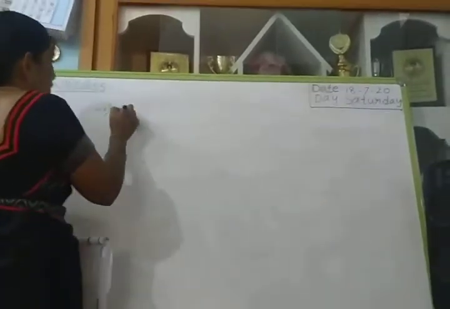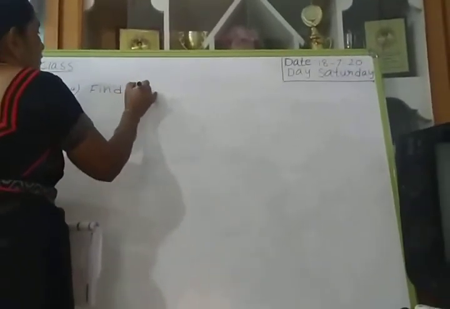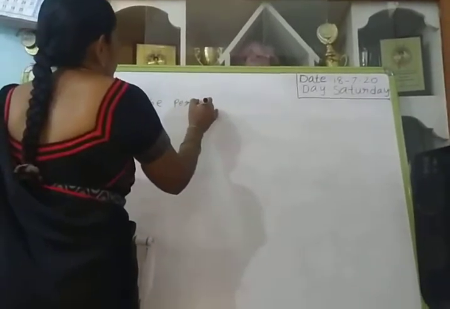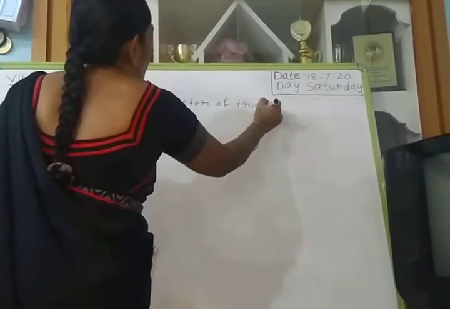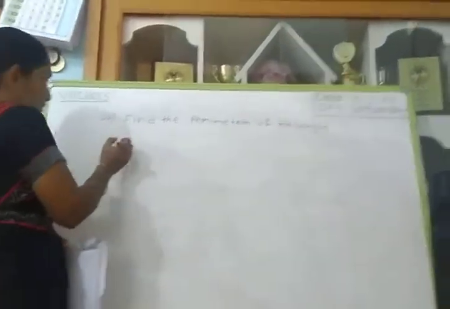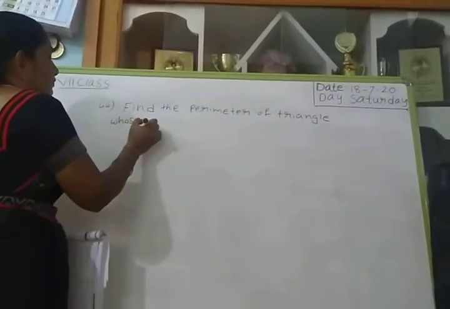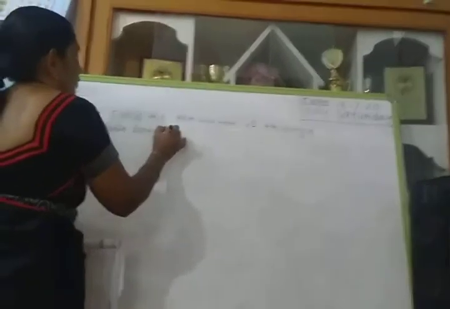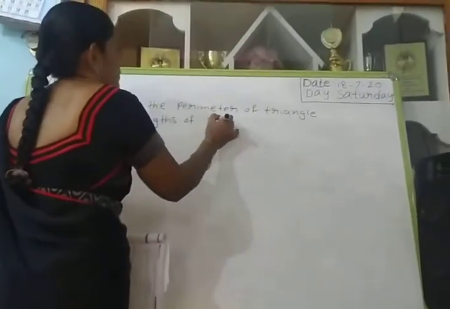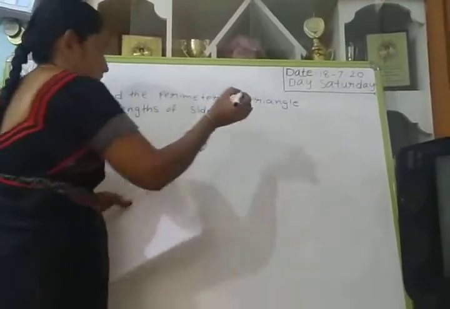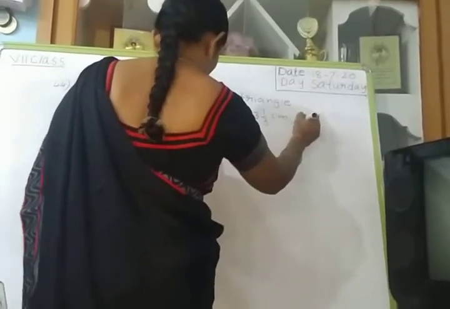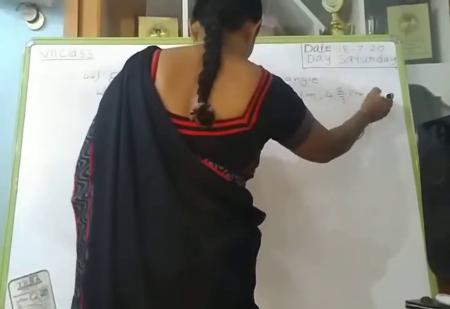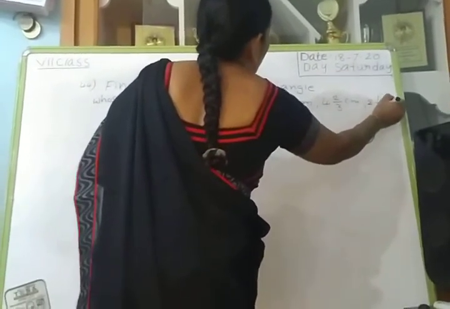Find the perimeter of a triangle whose sides are 3 1 by 3 centimeters, 4 2 by 3 centimeters, 2 1 by 5 centimeters.